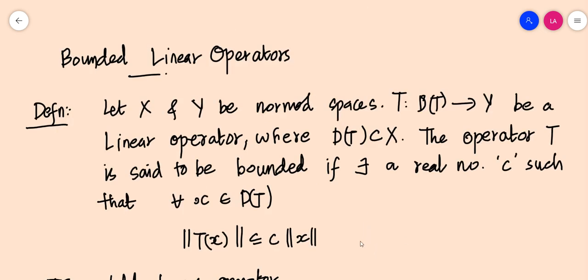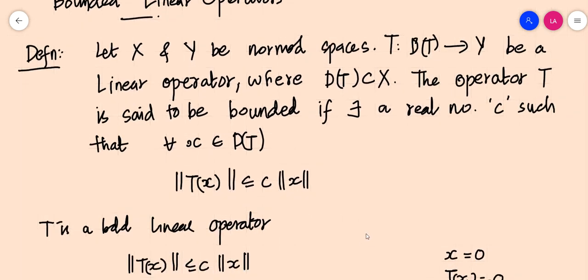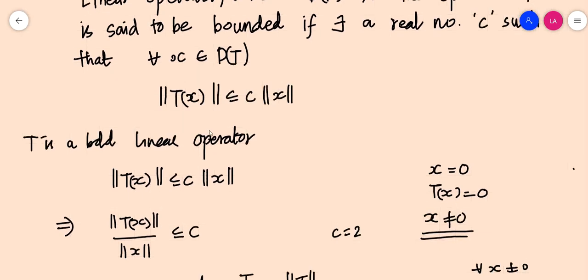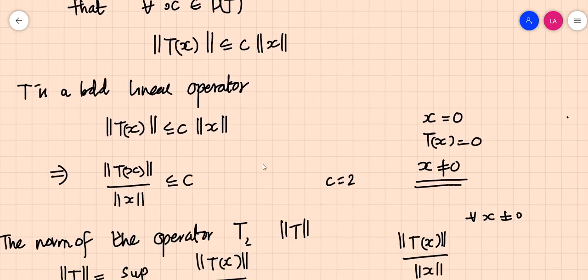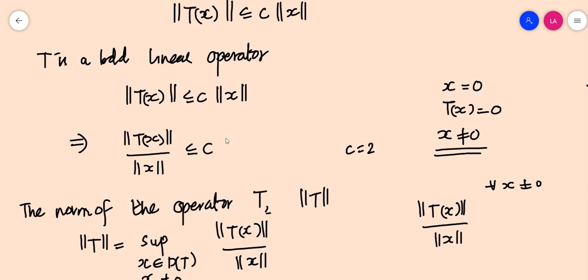So to sum up the whole thing, we were studying bounded linear operators, which are linear operators that satisfy this condition, and if such an operator exists, there should exist a real number c for which this condition holds. If this condition holds for a particular c, it holds for every number greater than this c.